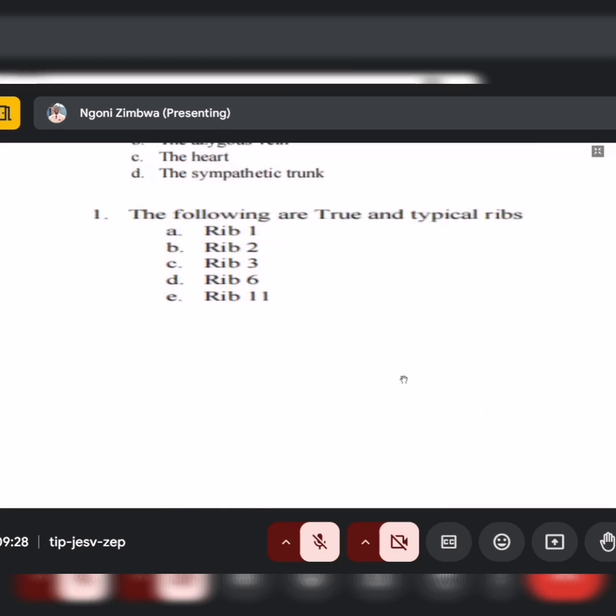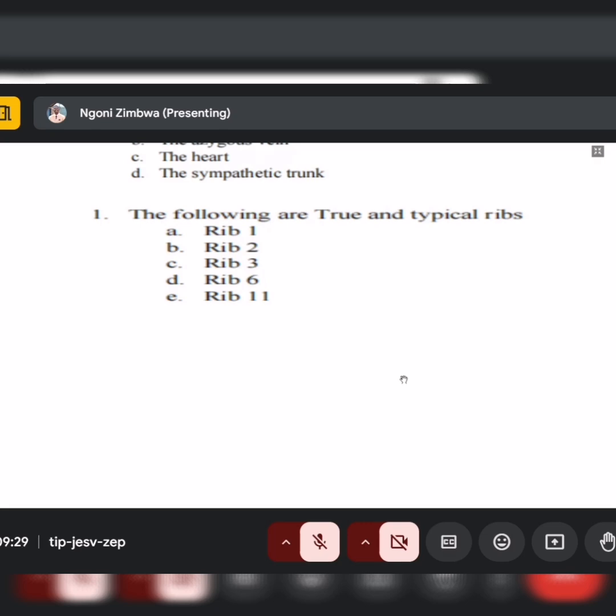The following are true and typical ribs. Rib number 1. All right, so true ribs, we have rib number 1 to 7. These are ribs that actually have their costal cartilages attaching to the lateral margin of the sternum.